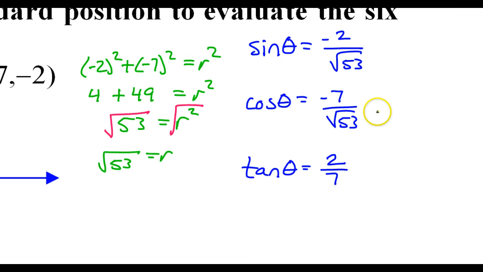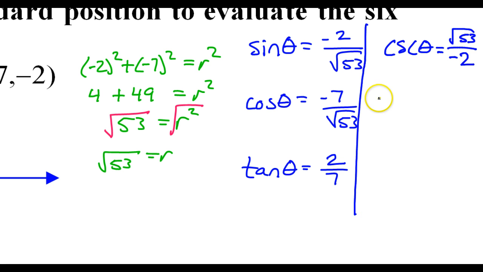Alright, and now the reciprocal trig functions. The reciprocal of sine is cosecant. So cosecant, running out of space over here, will be radical 53 over negative 2. I'll put a line.